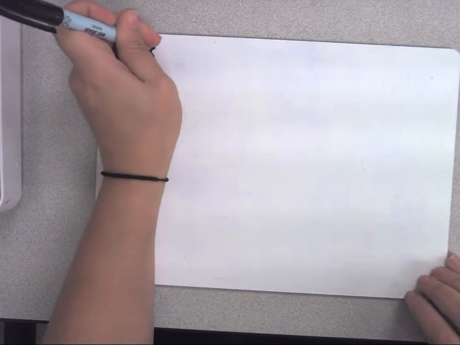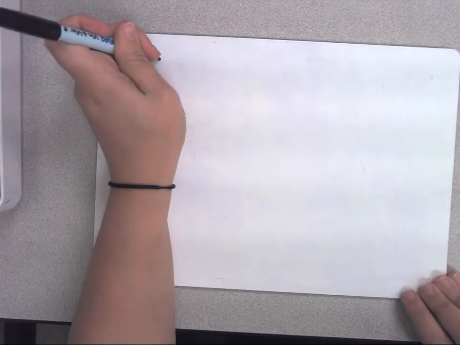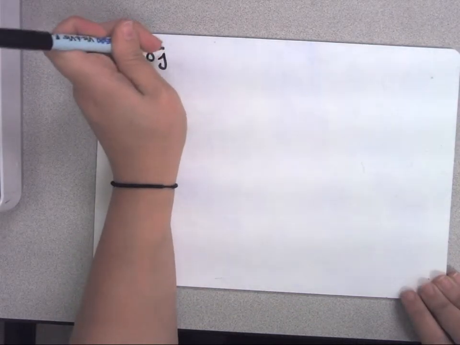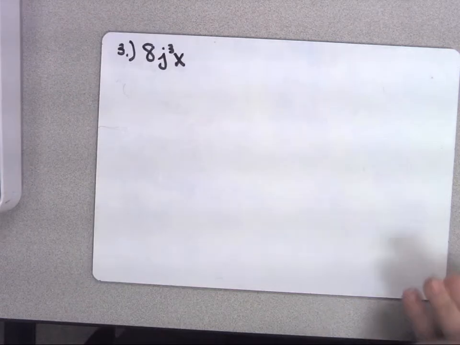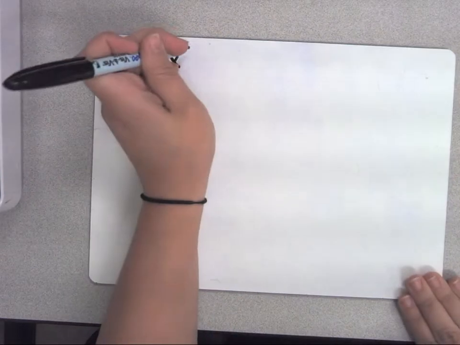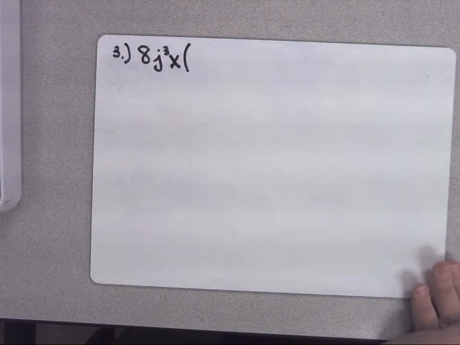No, T is the worst one. Did you say X? Oh, did she say F? Okay. J to the 3rd X. Well, they're in alphabetical order. They have to be in alphabetical order. Okay. You ready? Making this up.